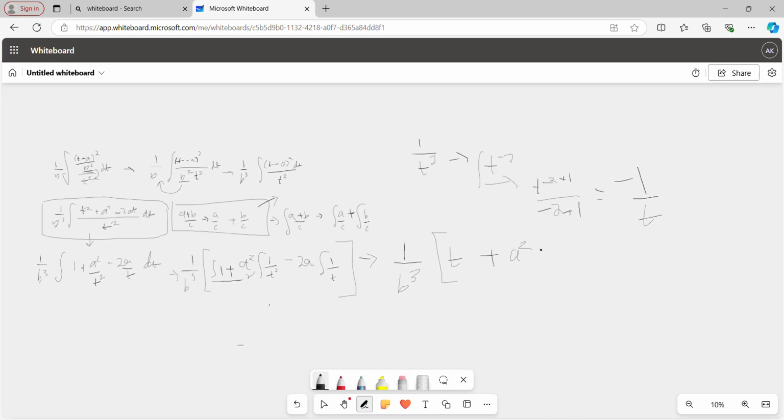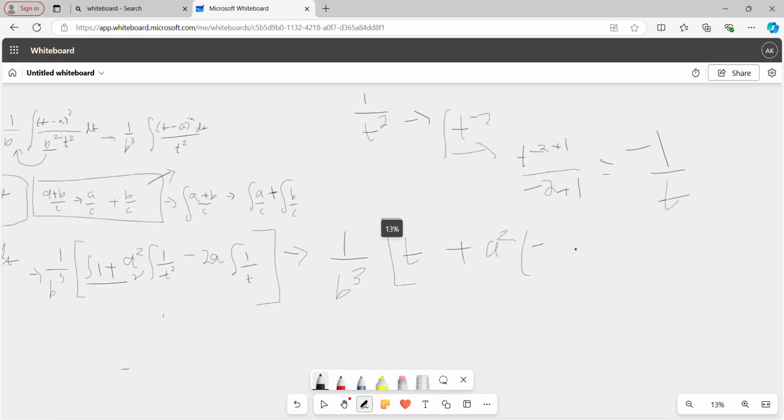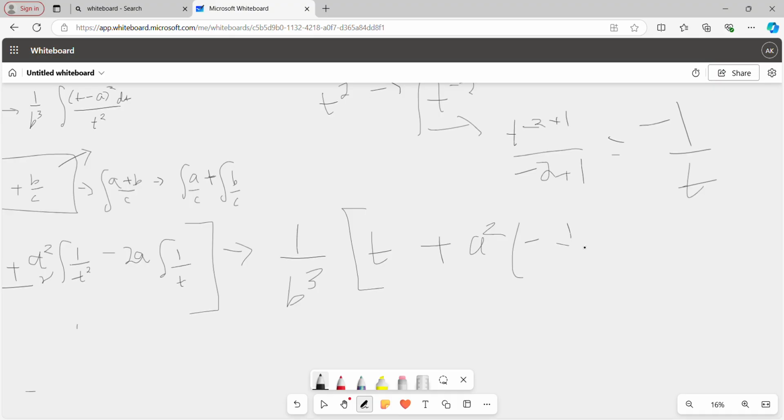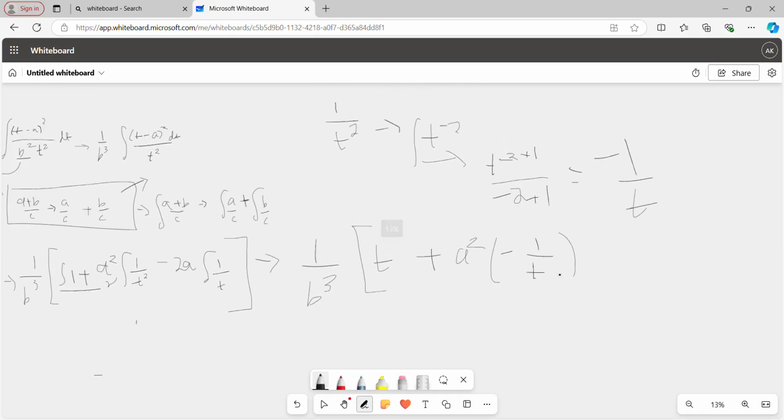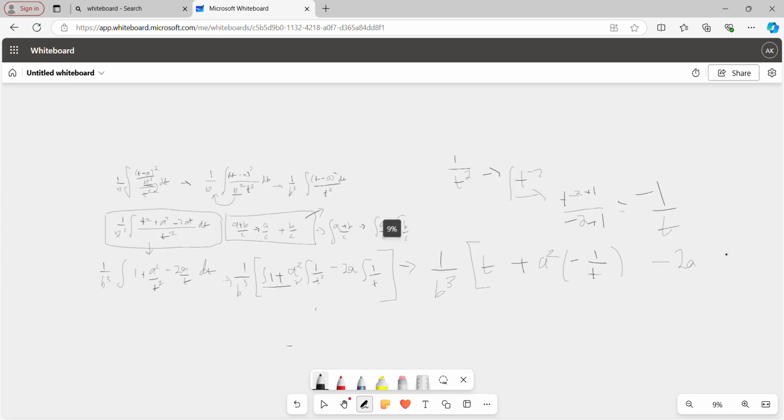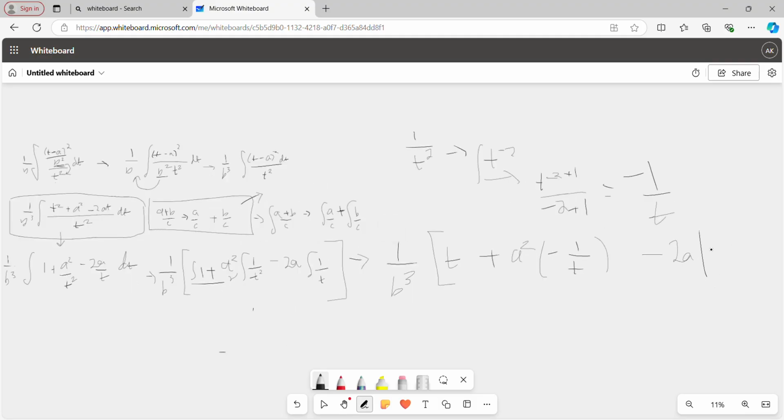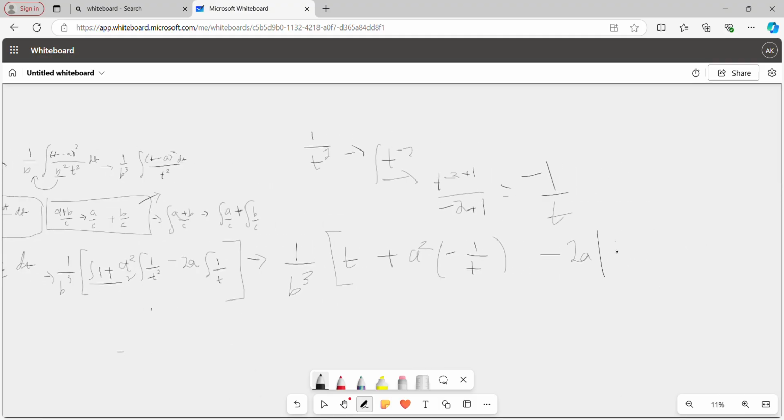So it's going to be a squared into minus 1 by t, minus 2a, and the integral of 1 by t is ln of modulus t.